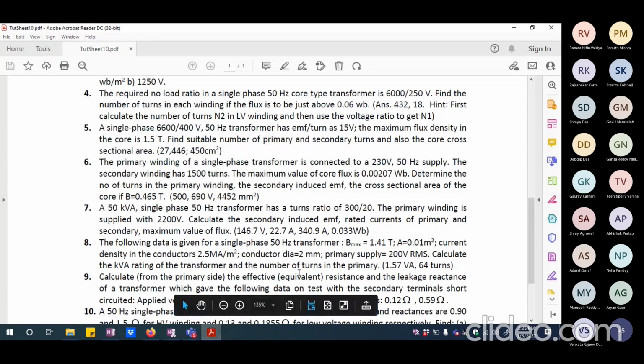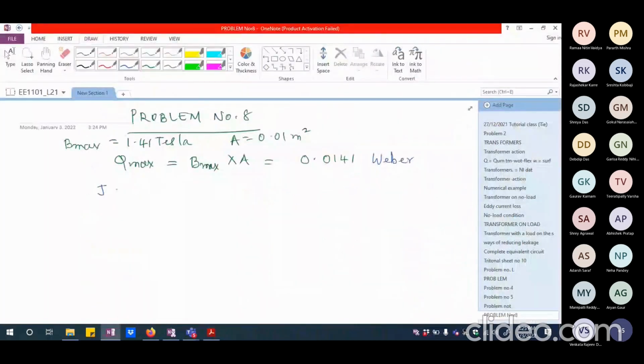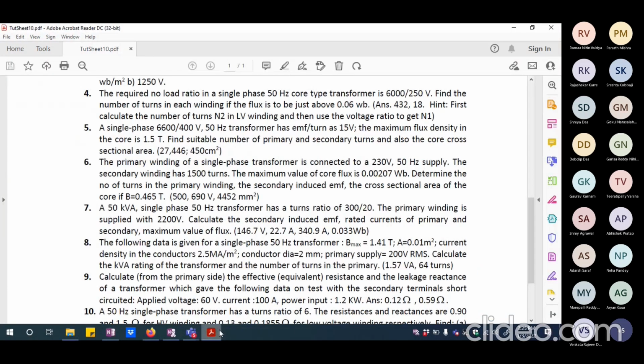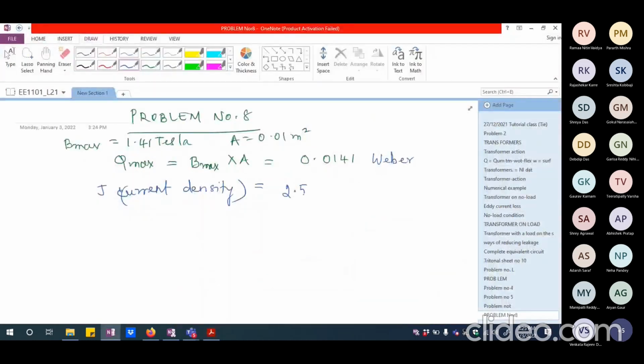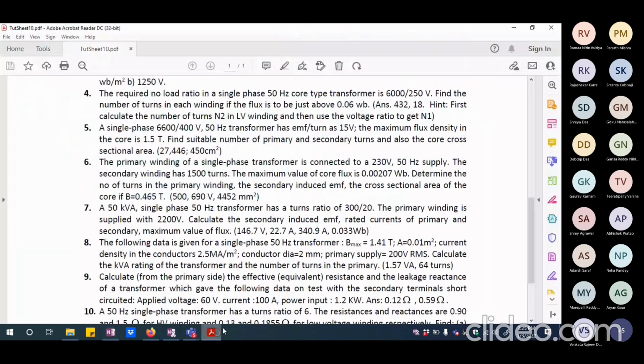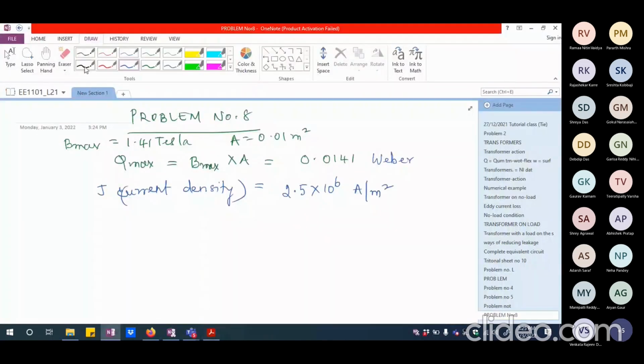Now what is asked next is, current density in the conductors is 2.5 mega ampere per meter square. So current density generally is indicated by J. I am using the same symbol in general. So current density is equal to 2.5 into 10 power 6 ampere per meter square. Okay. Conductor diameter is 2 millimeter.